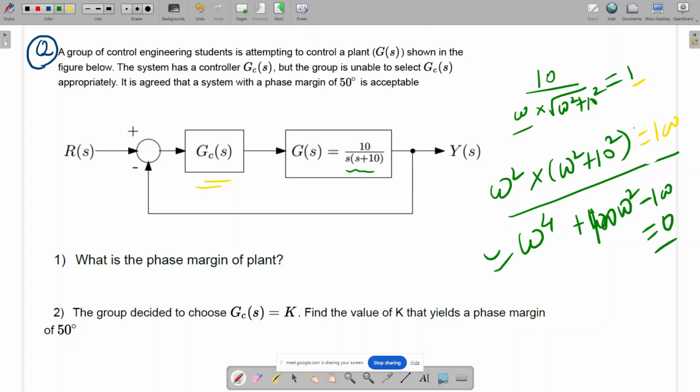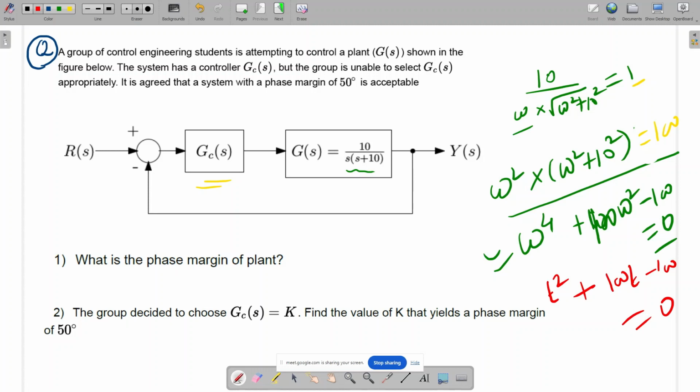Is it correct? So omega square we can assume as t. So that will be t square plus 100t minus 100 is equal to 0. Is it clear up to now? So we can solve this quadratic equation. We'll find two values of t.